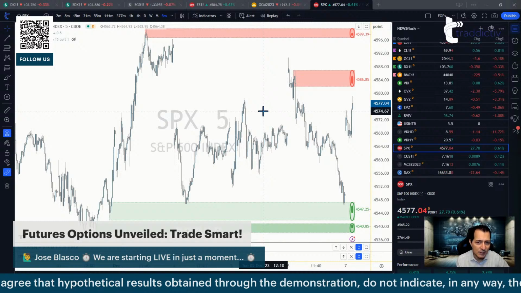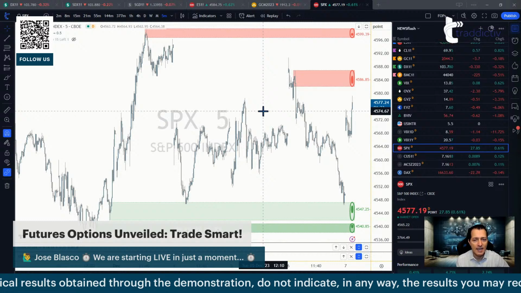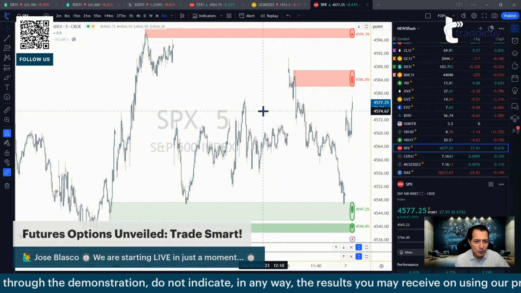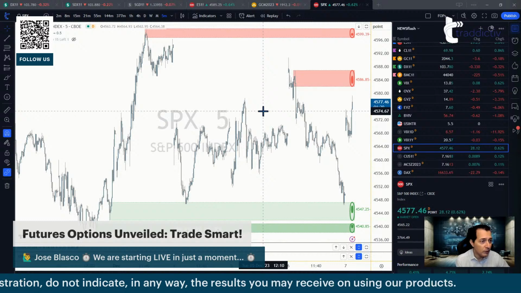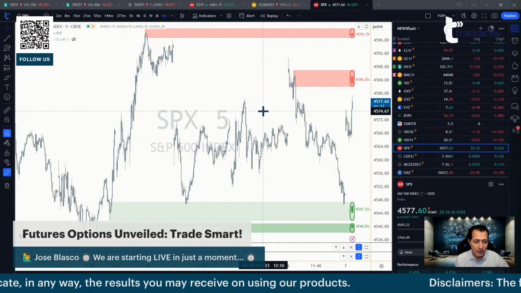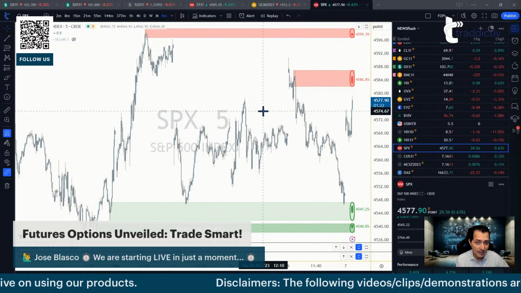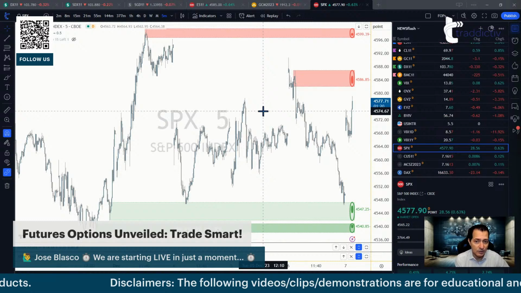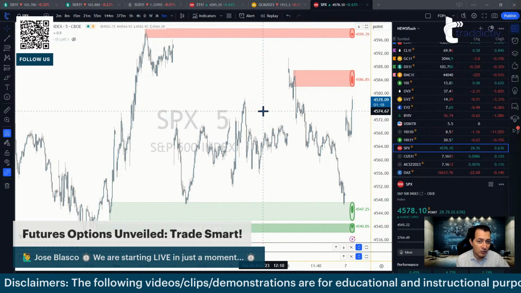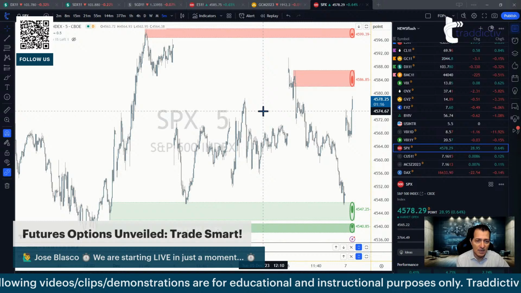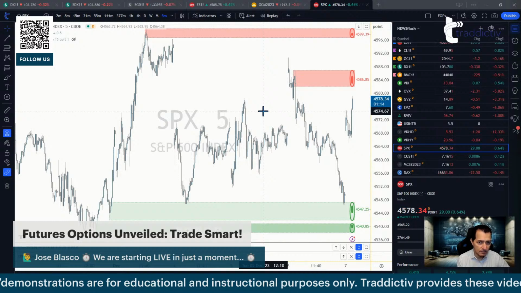The first thing that we need to understand is what's the difference between an option on an equity, an option on a stock, for example, or an option on an ETF, which is something that the majority of options traders may trade or are likely going to be trading. What's the difference between an option on equity versus an option on futures? That's the big difference.